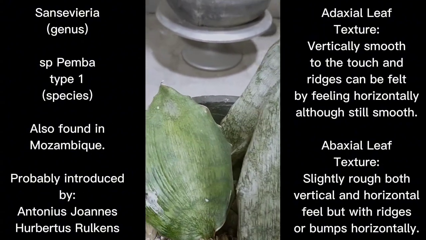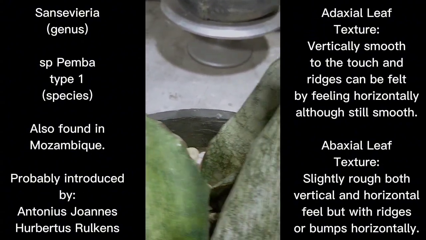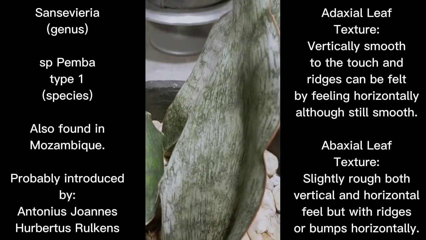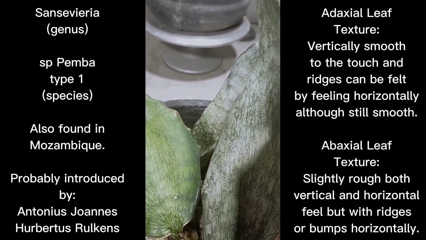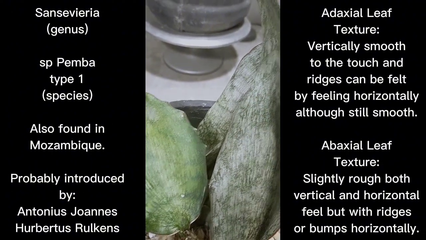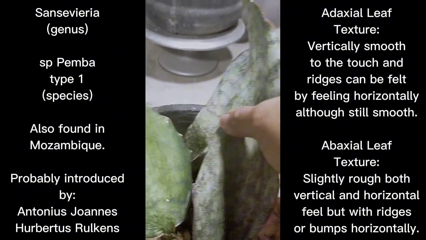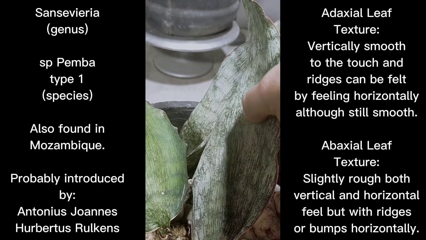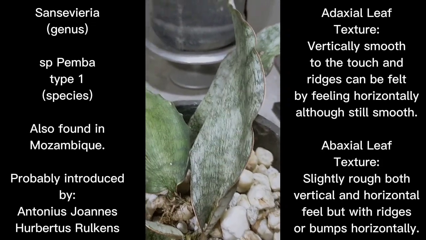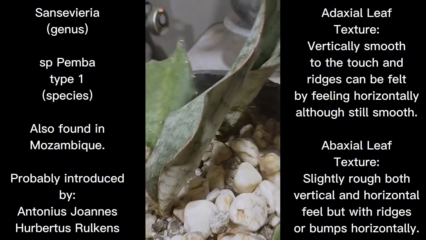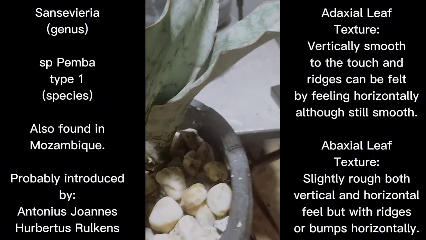I wouldn't say they're very small lines, but there are quite a lot of them. So if you feel them, you can feel the bump when you touch the dark green part. Nonetheless, it's smooth to the touch, vertical and horizontal, but you will feel the bump of the dark green pattern of the leaf. That's the front part, especially the silver.